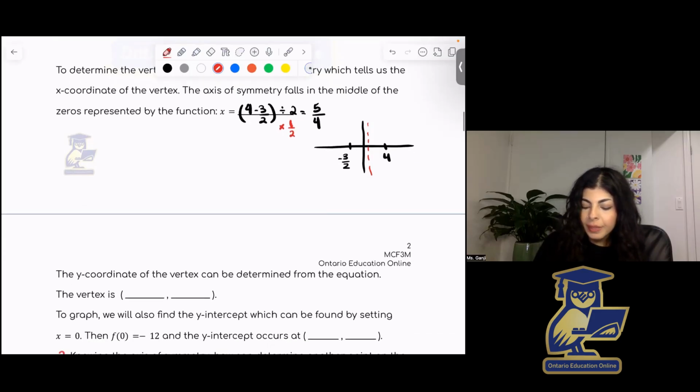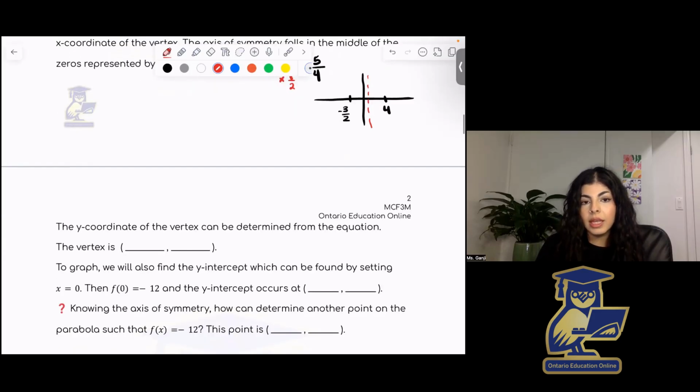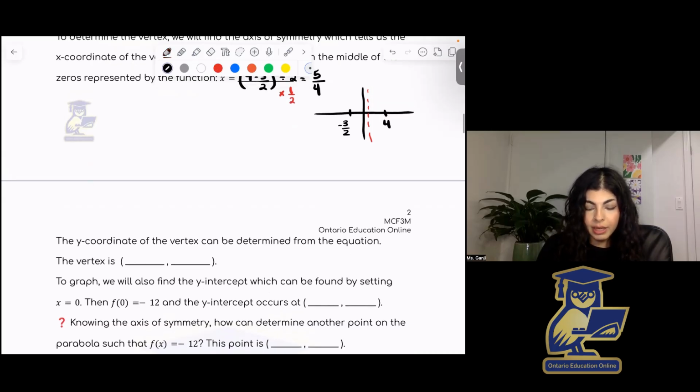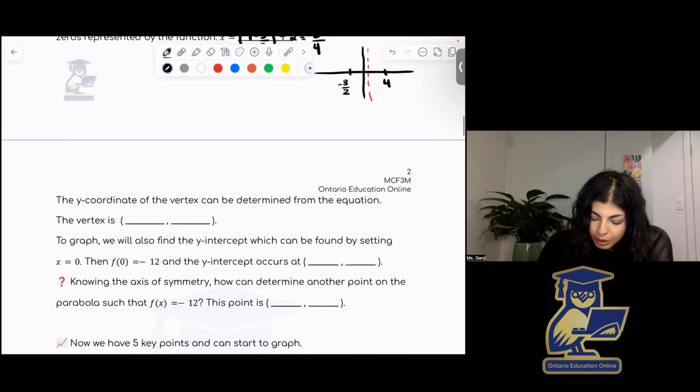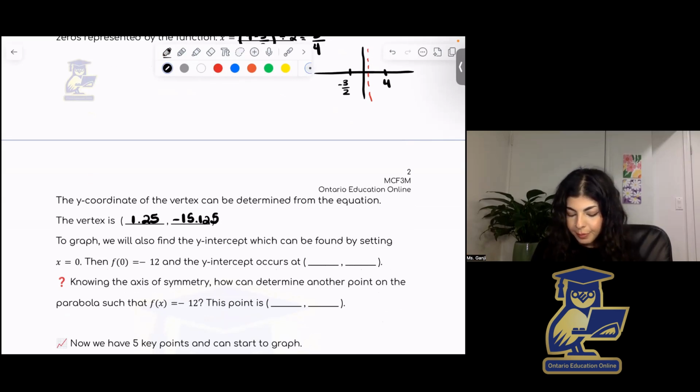And now here, you are pretty much just using the formula that you were given in the start to determine the output value. So we already know this is 5 over 4. You can also write this in decimals at this point, especially if you're using a calculator. So 1.25, and then you should get negative 15.125.